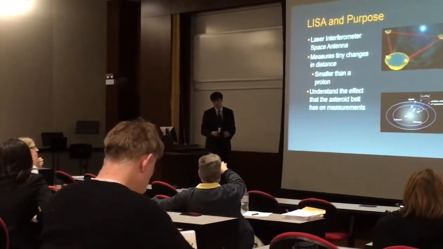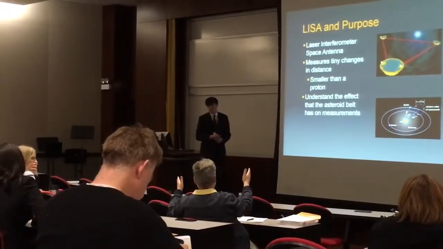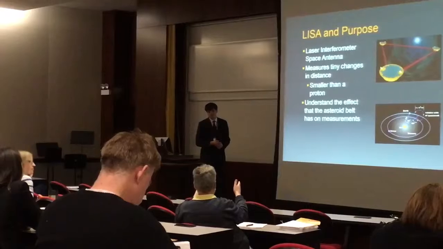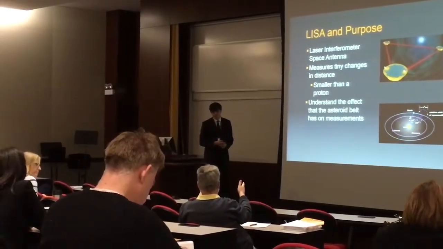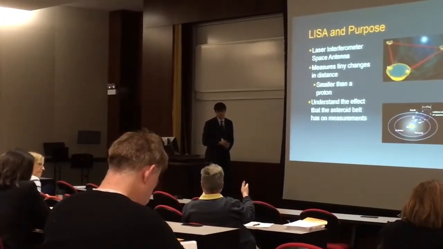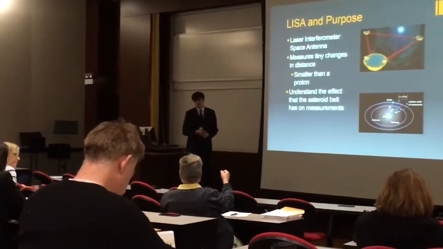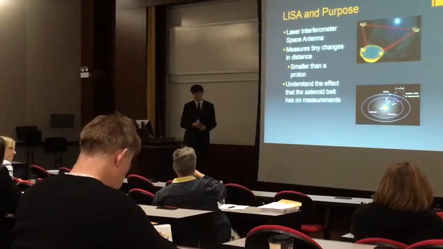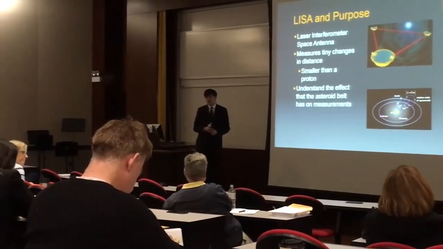So to follow up on that, since you're looking at a change in distance of 10 to the minus 15 meters for the gravitational wave, how big of an asteroid would it take to cause that much of a fluctuation in the position of your satellite? Right.